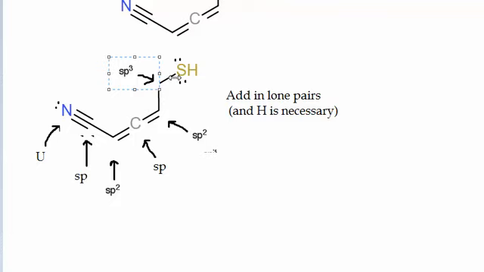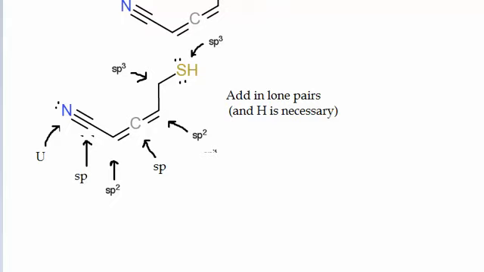And then notice that this sulfur is not terminal because it has 2 different things bonded to it at least. The terminal atom is actually going to be the hydrogen, which of course isn't hybridized because it only has a 1s orbital. So the sulfur has 2 lone pairs and 2 atoms bonded to it, so it is sp3 hybridized.